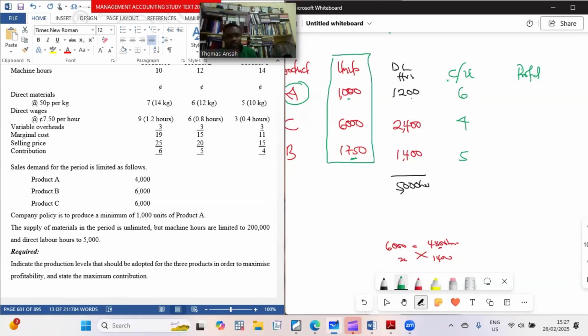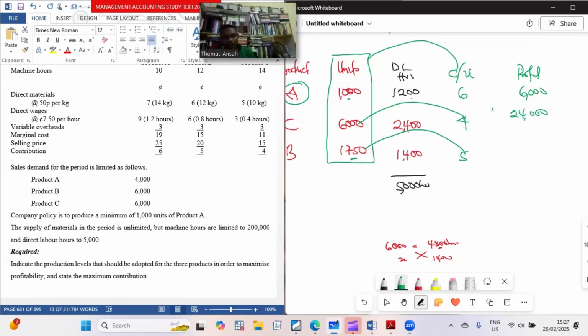All right, so contribution per unit. How much is that? You can do six. The first one is 6,000, and we have 4 by 6. That is 24,000.